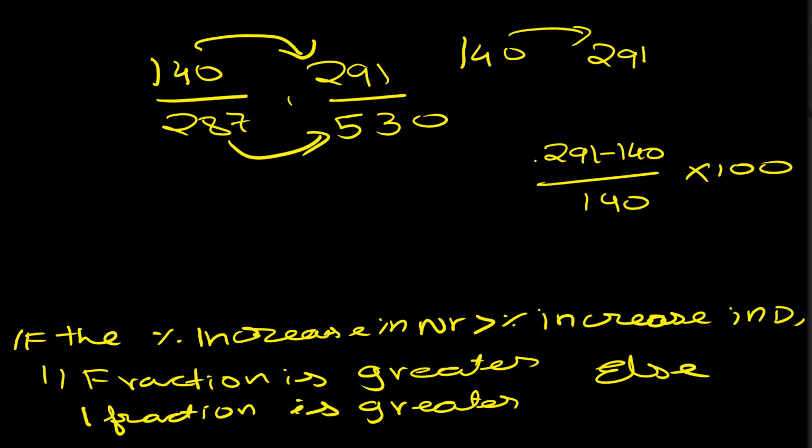So if I do 291 minus 140, I'll get 151, right? So I'll get 151 divided by 140, into 100. If I do this, I will have around 107 point something.